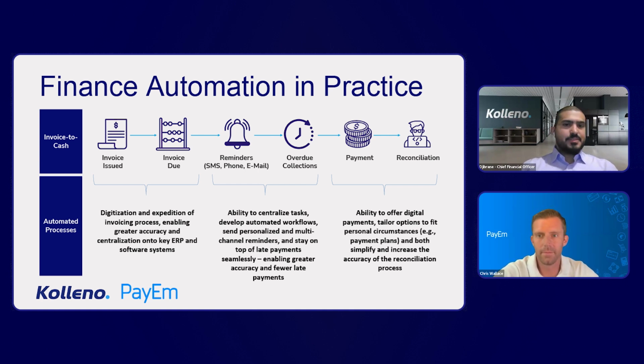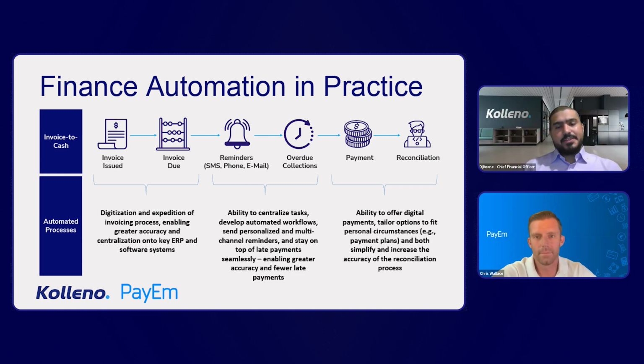From the automation process, what you can often see is the digitization of the invoicing process. So being able to have invoices done digitally and sent out to clients, which enables a lot more accuracy and centralization, especially if you have a key ERP or accounting system, like NetSuite, QuickBooks, etc. Being able to digitize those invoices, have them there, and then push them onto your ERP and accounting systems.